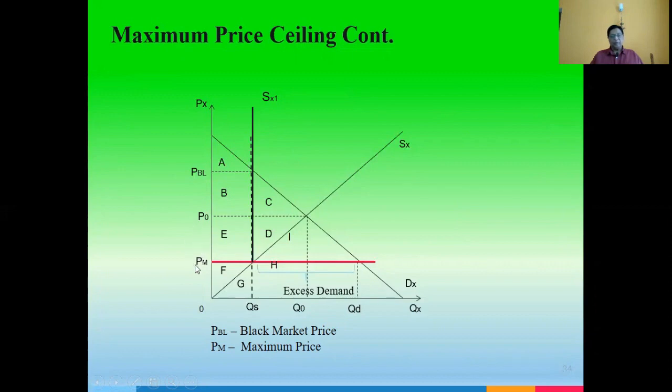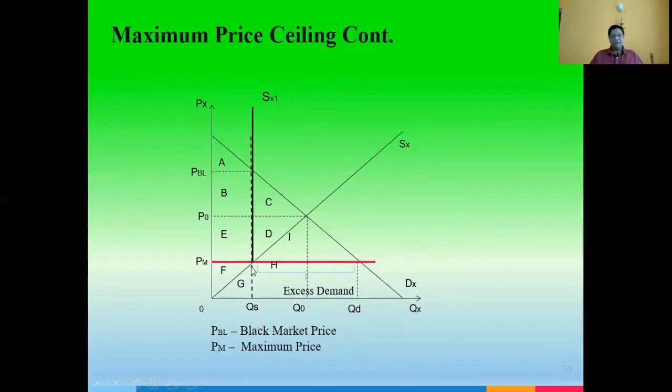below the equilibrium price. Under this price, producers supply only QS amount, but under this lower price, consumers demand QD. Now you can see demand increases from Q0 to QD, supply reduces from Q0 to QS.